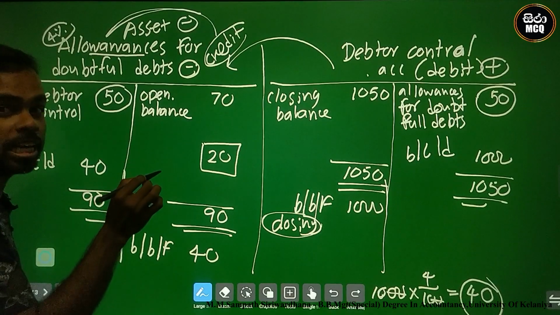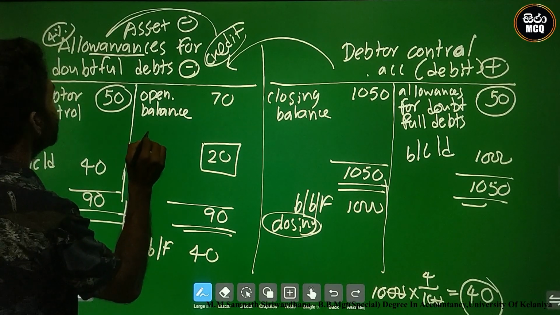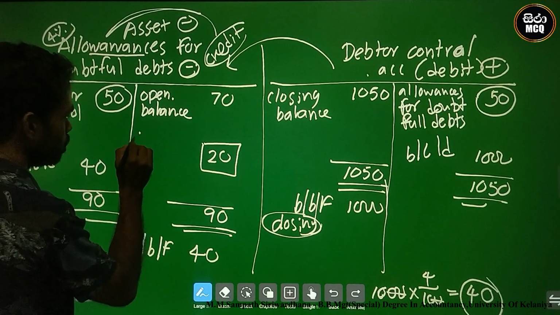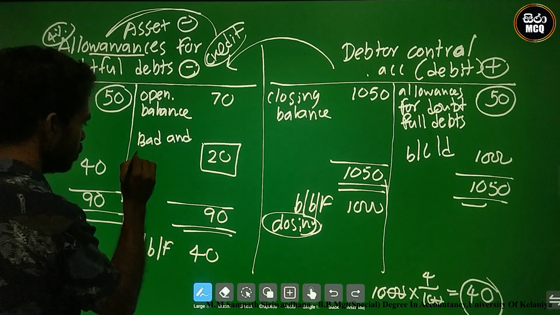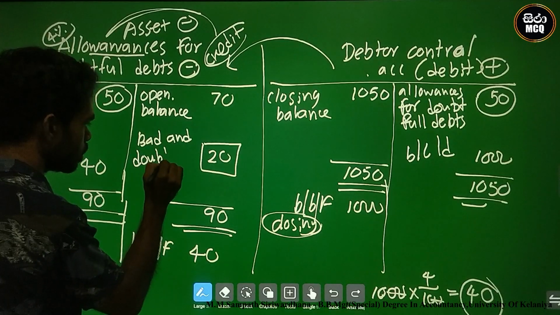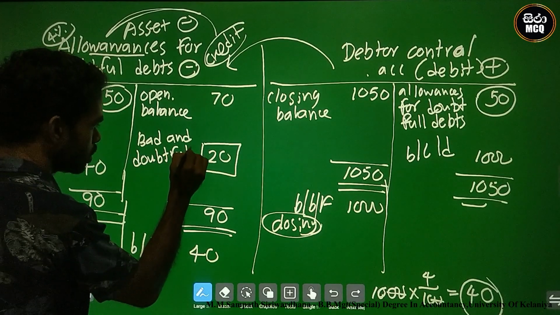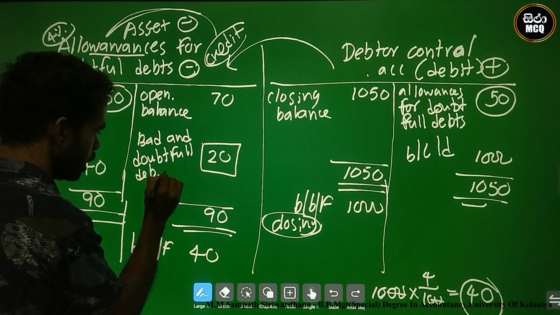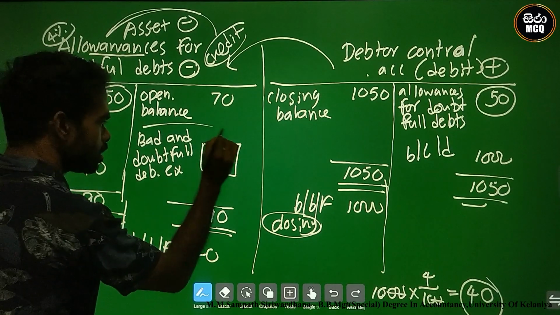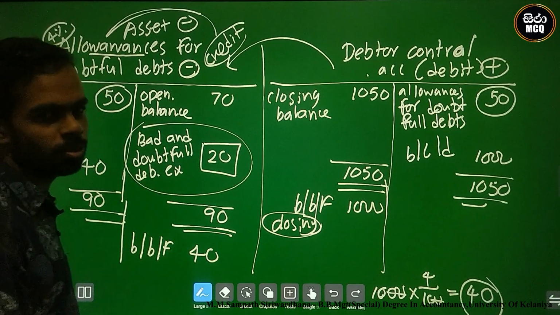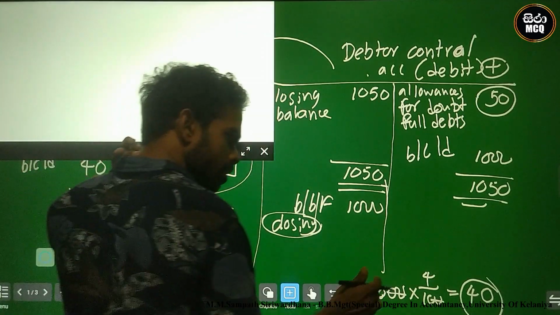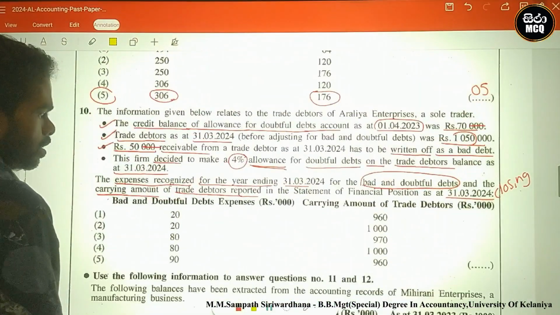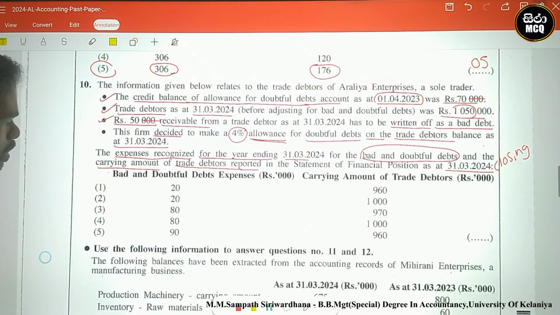This is the expense. Expense means doubtful debts or bad debts. Bad and doubtful debts expense is 20. Okay, there is a requirement. What is the request of this paper?